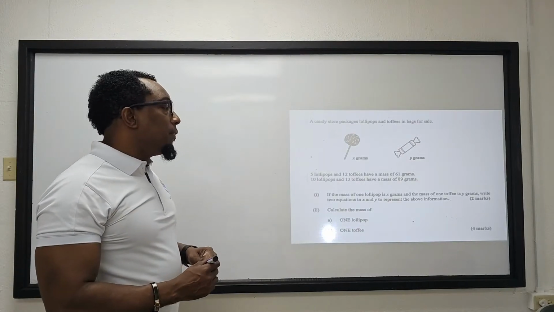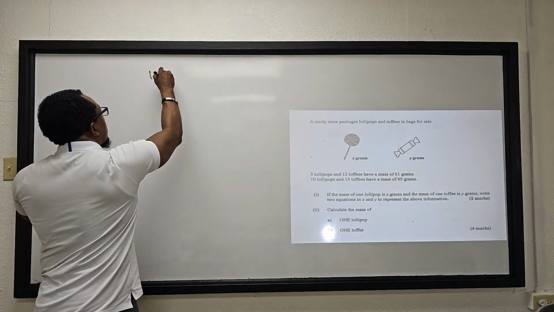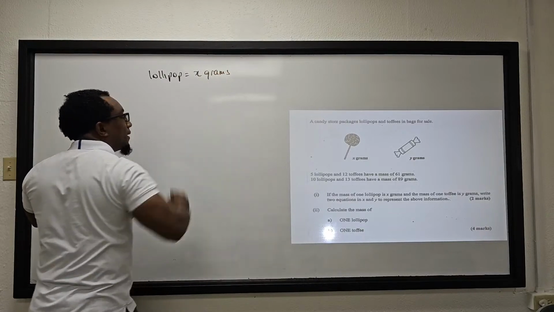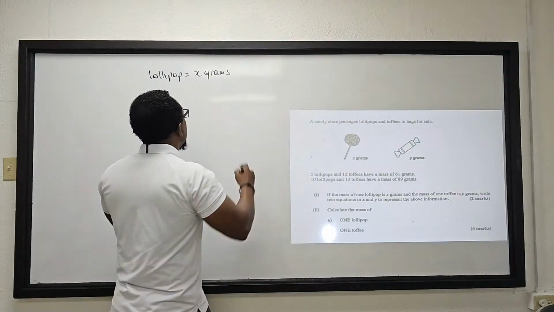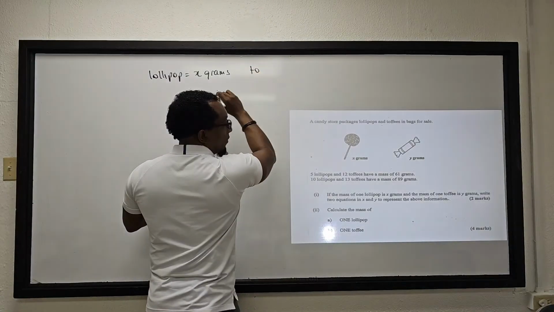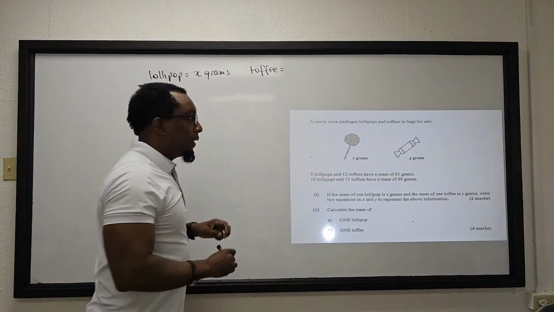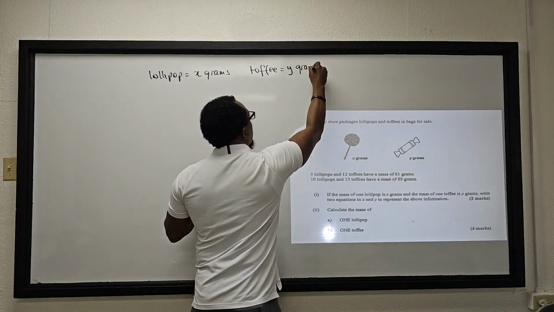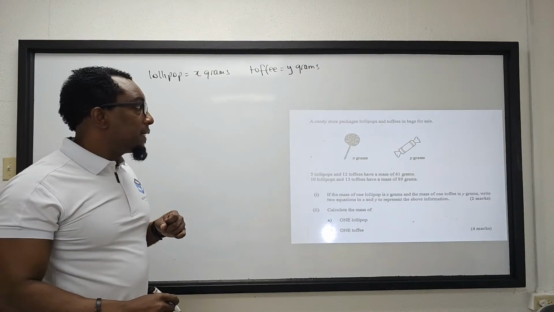If the mass of one lollipop is x grams, and the mass of one toffee is equal to y grams, write two equations in x and y to represent the information.